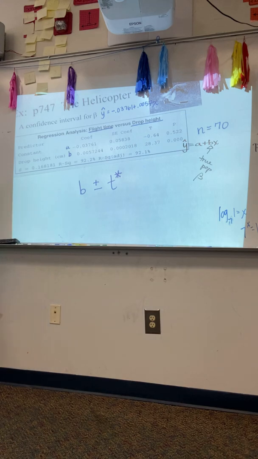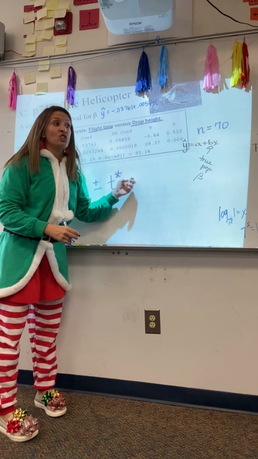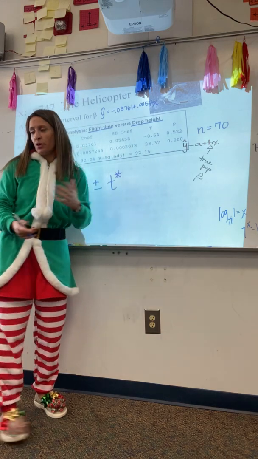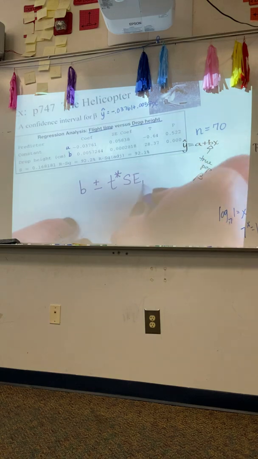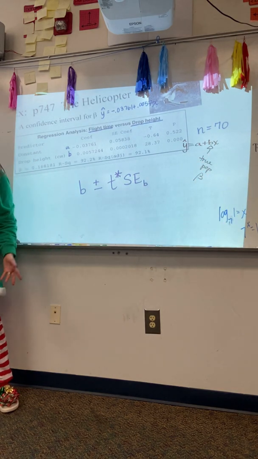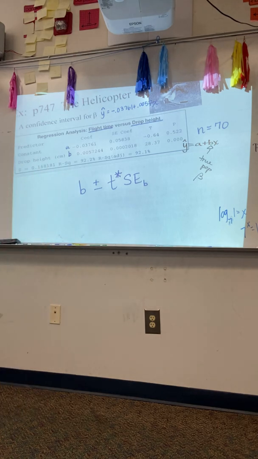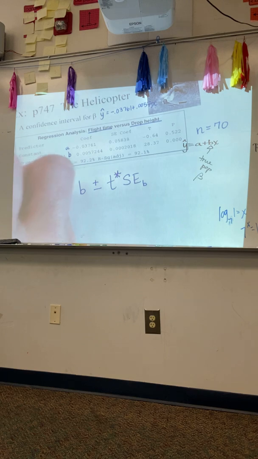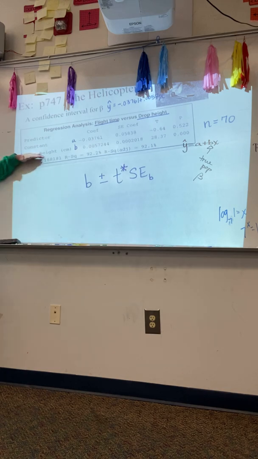And the standard error, which we always put right there, right? Standard error. But this is the standard error of beta, okay? So it's SEB, SE subscript B, which they give you on a computer printout, which is pretty stinking awesome. So notice that this right here is like my row for the slope. That's my beta row, right? This is my row for the slope right here.